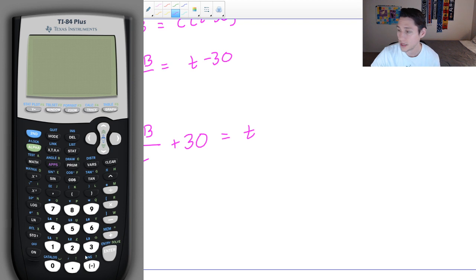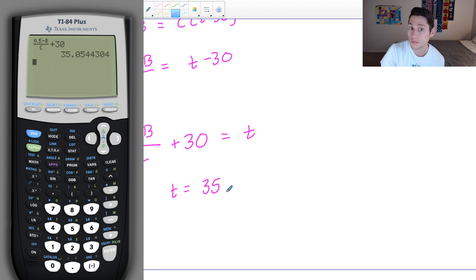Since we have all those values stored, alpha Y equals, make a fraction, 0.5 minus B, divided by C, plus 35. Days, sorry.